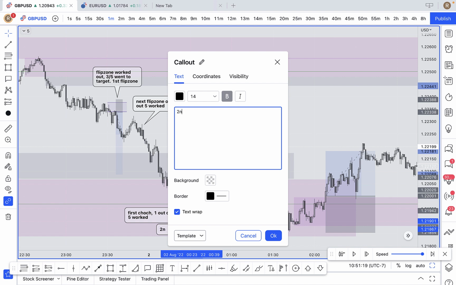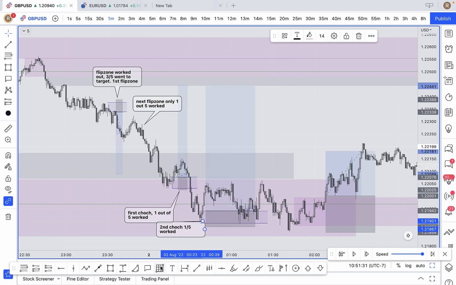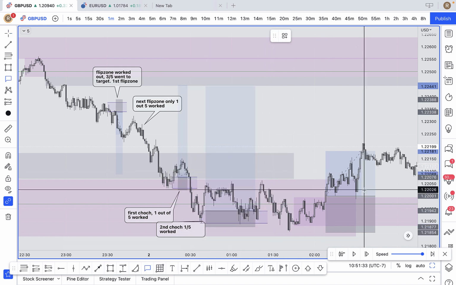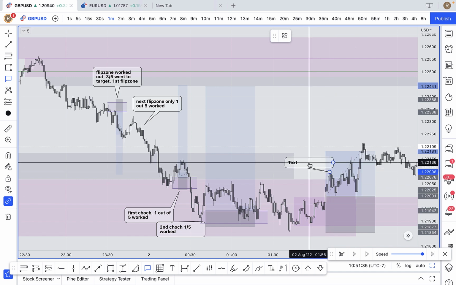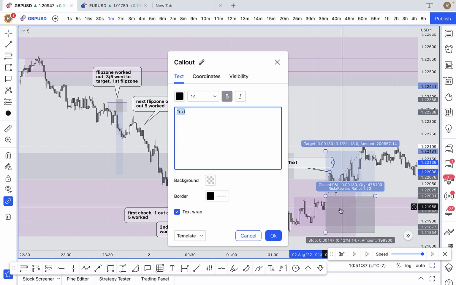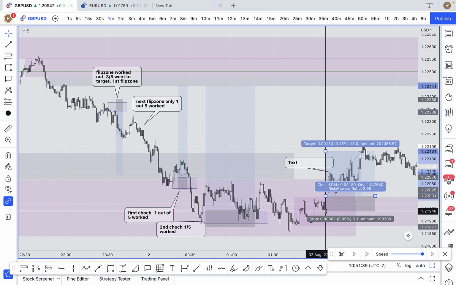Second chalk, maybe let's say 1 out of 5 worked. Cool. And again, we won't care too much about the results, but let's say we did get tapped into this because we covered the imbalance and maybe we only covered this POI instead of the extreme.